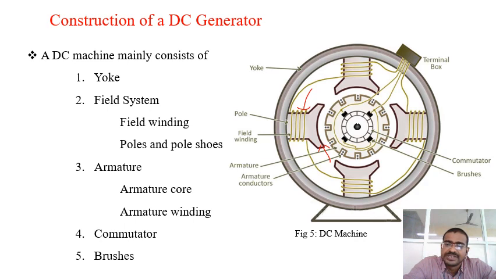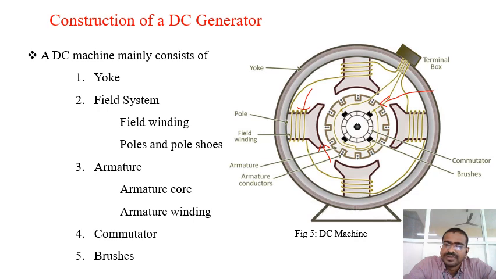The armature consists of the armature core and armature winding. The armature core is cylindrical in shape, and on the outer periphery of the armature core a number of slots are there, in which the armature winding is placed. The entire armature setup is mounted on the shaft, and the ends of the armature winding are connected to the commutator segments.